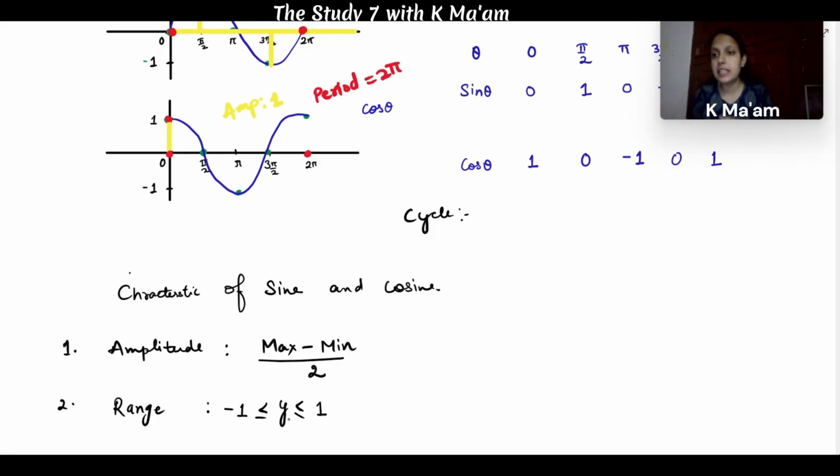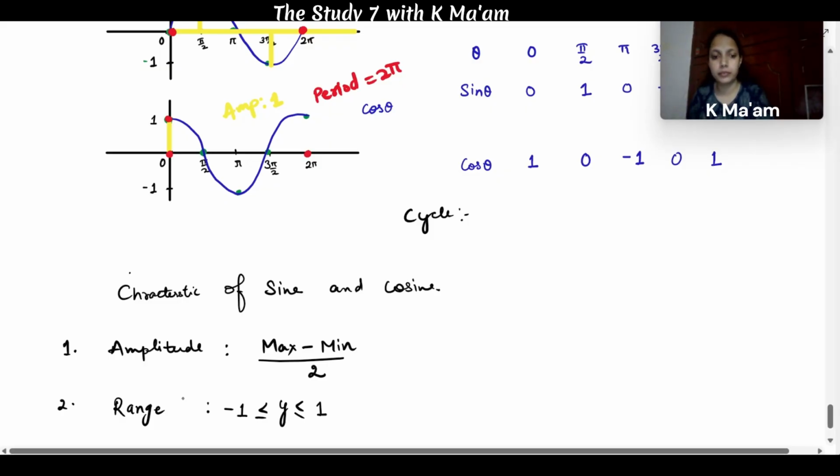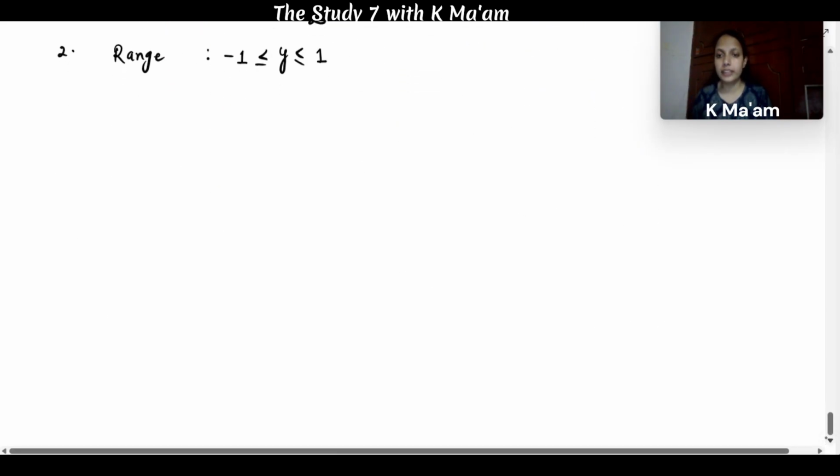In both cases, sin x and cosine x, the period is 2 pi. So I will write the period is 2 pi. Okay, so let's do an example.